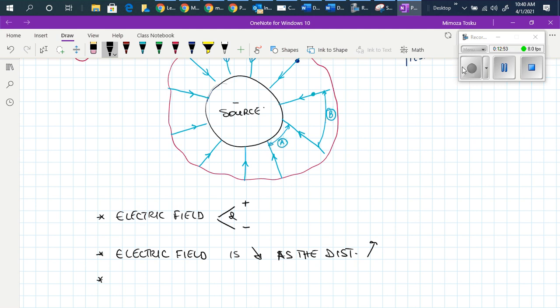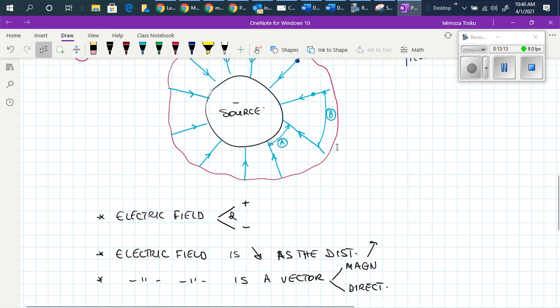And like any field, the electric field is a vector quantity. So those are the three qualities that the electric field has.